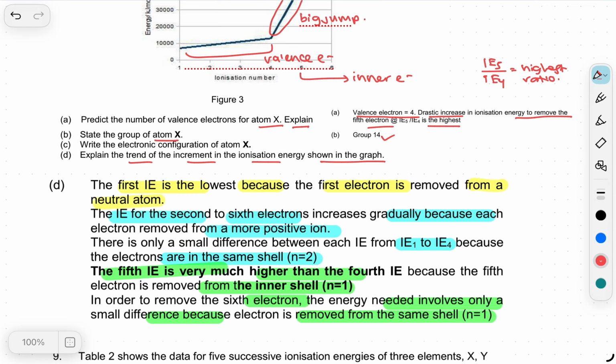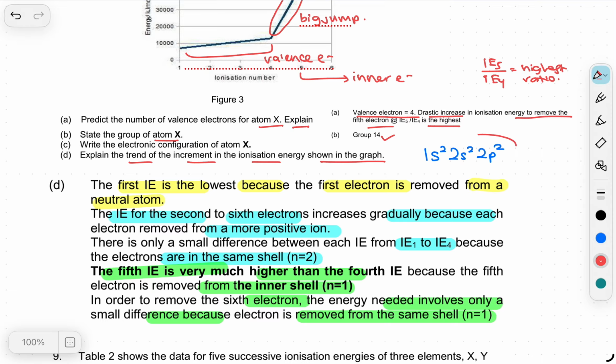Now, a quick question. How do they know it is n=1 and n=2? Simple, because the question already mentioned that atom X only has 6 electrons. So let's write an electronic configuration for 6 electrons. That would be 1s2, 2s2, and 2p2.